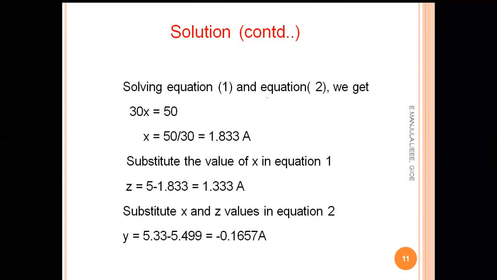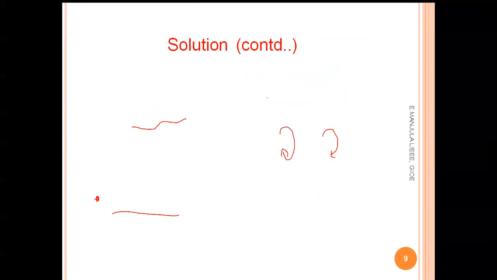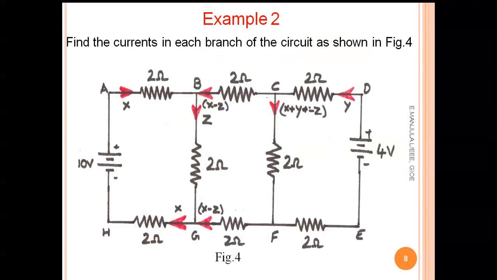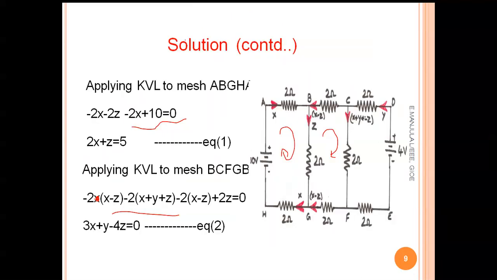So if you want to redo the equation solving, that is also better. So substitute, solving equations 1 and 2. Okay. So here we have equation 1 and we have equation 2. Once we will solve here only.